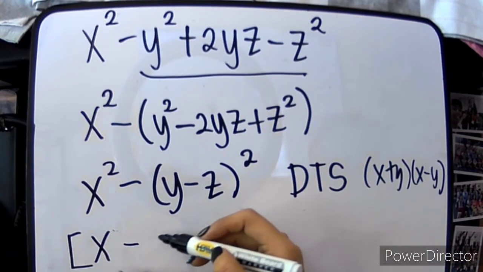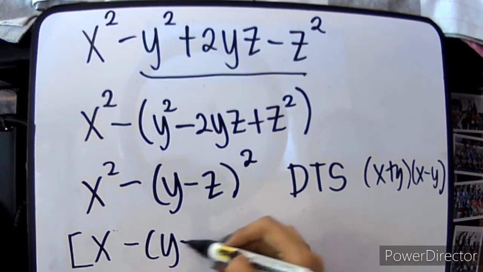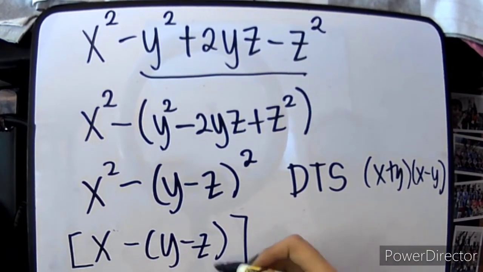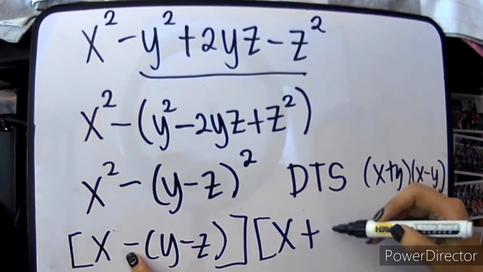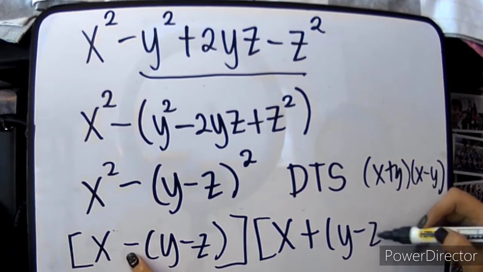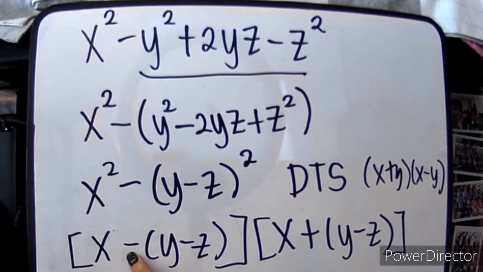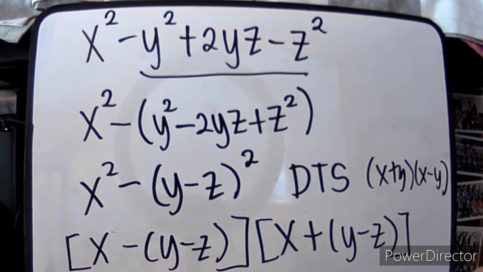Kasi nga DOTS. Y minus z. At dahil minus yung inuna ko, dito naman ay plus na, we still have y minus z. So that is how you factor if we have a perfect square trinomial.